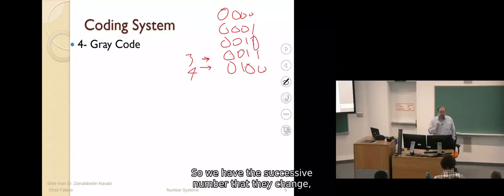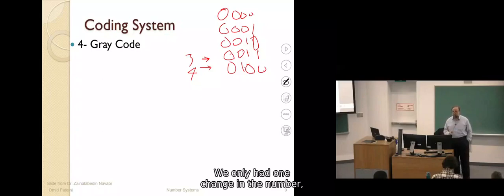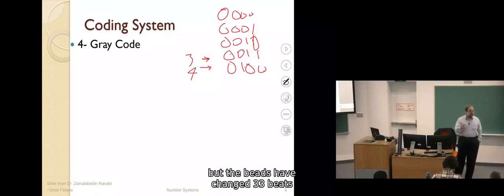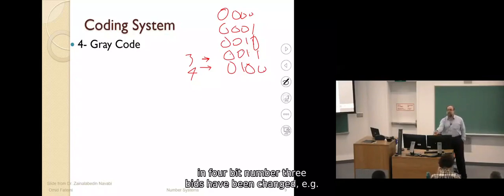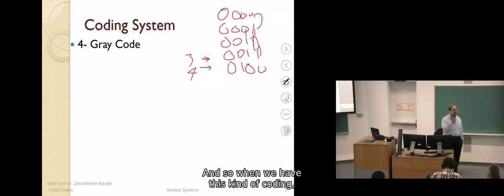So in successive numbers, the number of bits changed can be more than 1. We only had 1 change in the number, but 3 bits in a 4-bit number have changed. For example, here we have 1 change, here we have 2, here we have 1, but here we have 3, and so on.